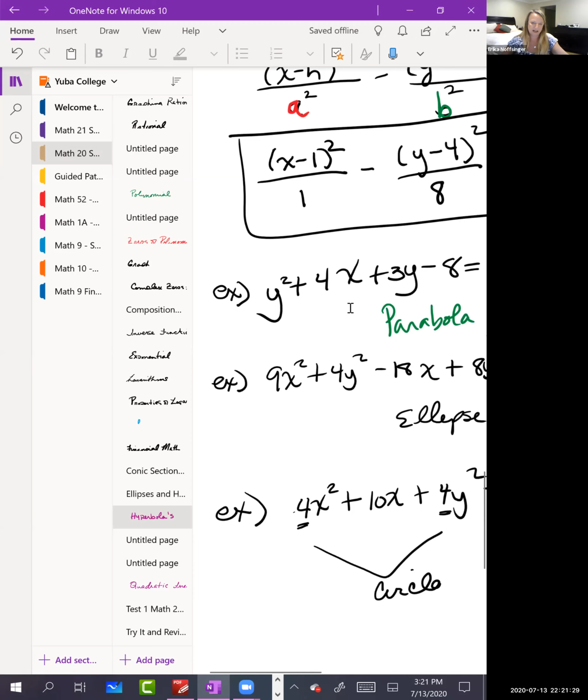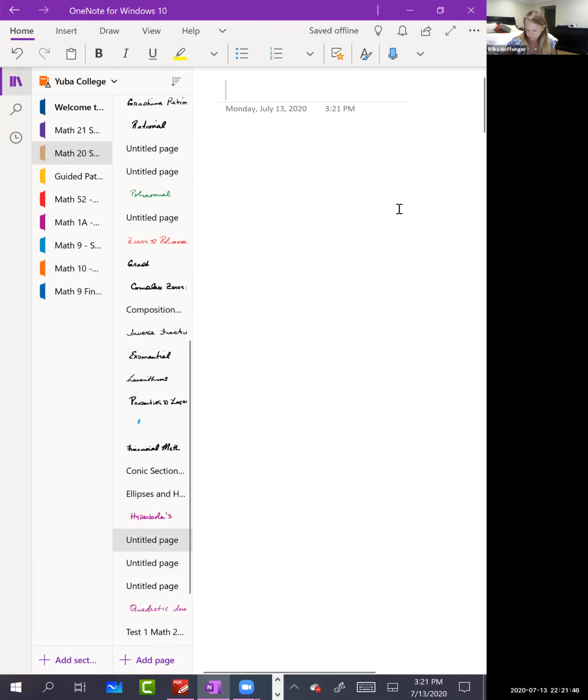You just have to look at them and see what looks best. There's a certain format to go through when you're doing systems of linear equations, which we'll look at next. Let's do this. New page. So what I'm jumping into is 12.6 in our textbook, which is systems of nonlinear equations.